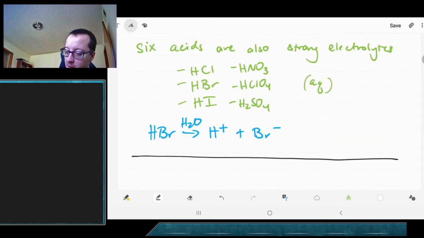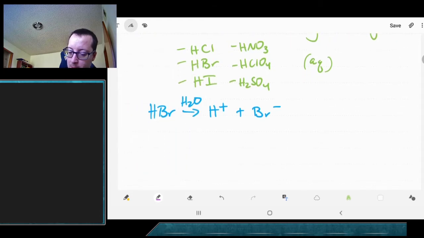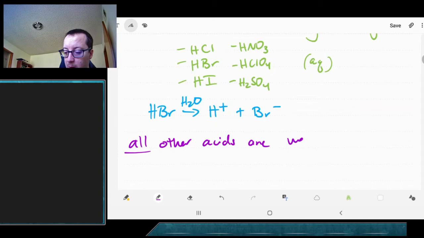We're going to see, actually, let's just make the distinction now, I suppose. All other acids are going to be what we call weak electrolytes.